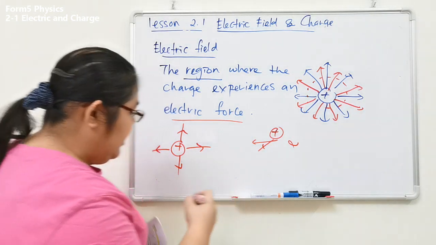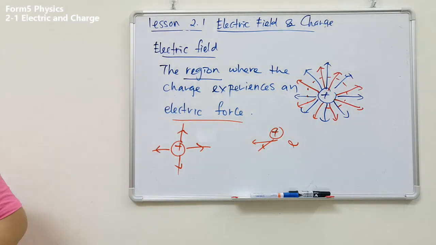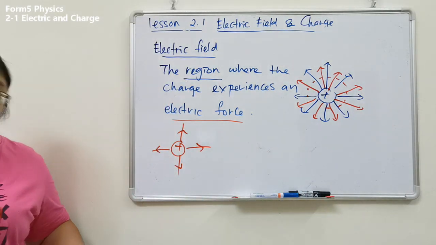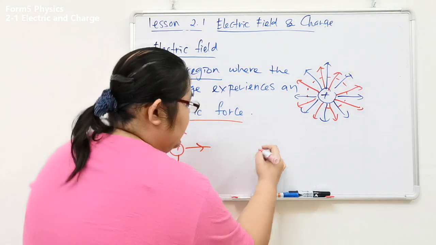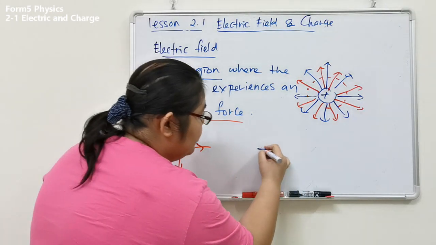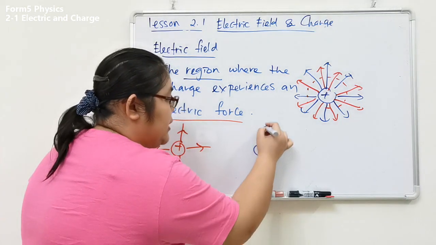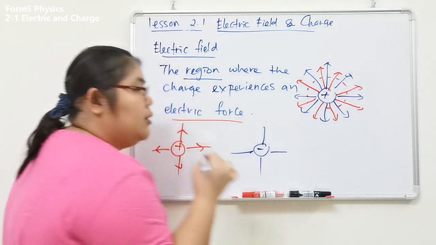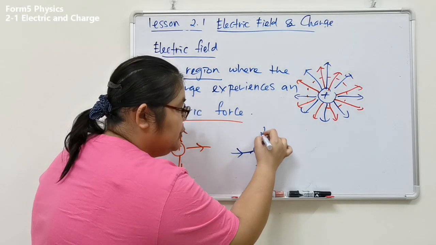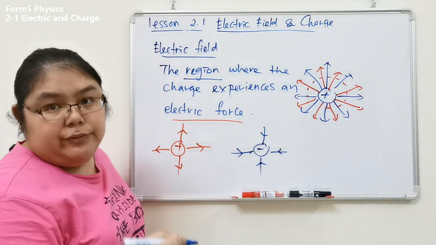If I draw another, a negative, an electron charge, it is the same for the electric field, but the arrow goes in. Now, this is the electric field for a negative charge.